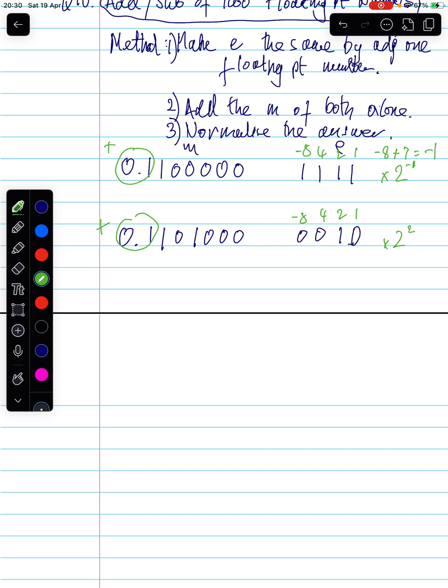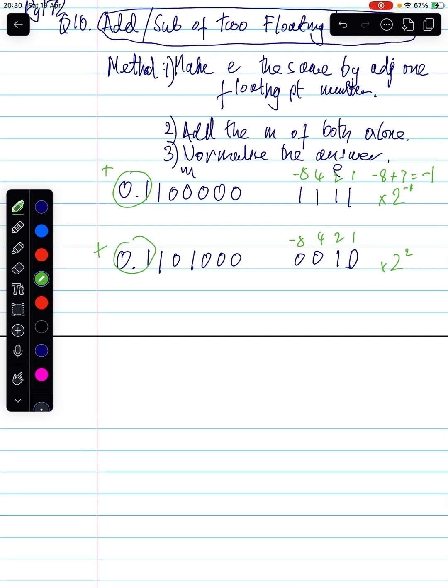Now I'm going to call these A and B. I'm going to adjust one of these exponents to be the same, and adjust one of those mantissas as well. And it doesn't really matter which one.